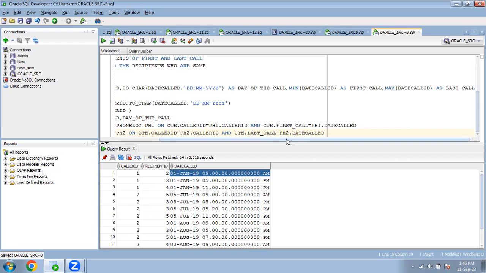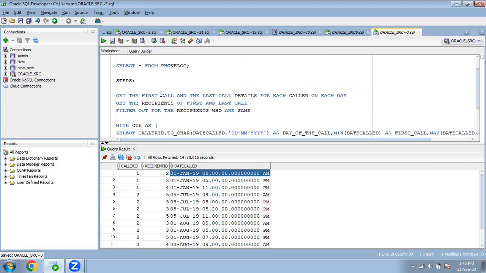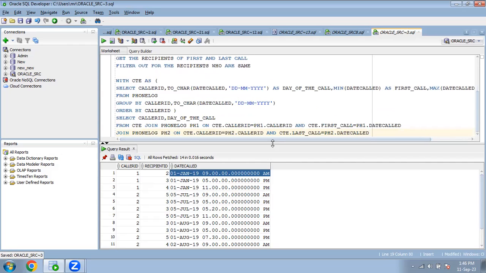So that is what I want, right? As per our step, get the recipients of the first and last call. Because of this, I am joining with these two tables again. Let me run this query and see.